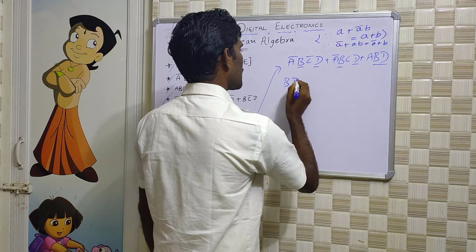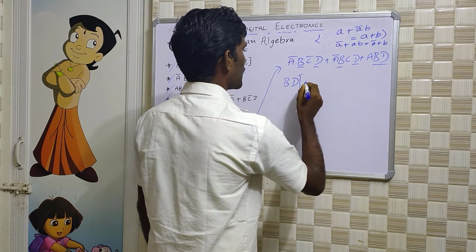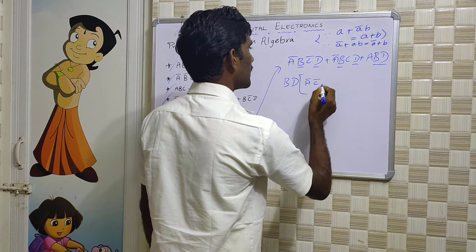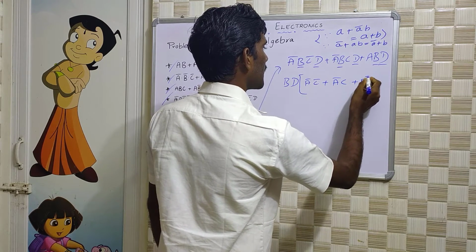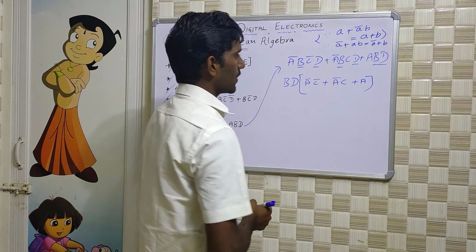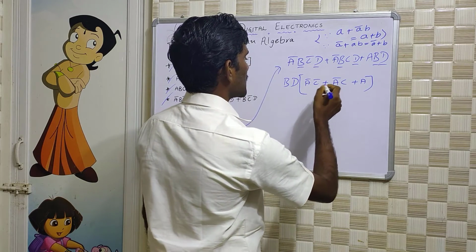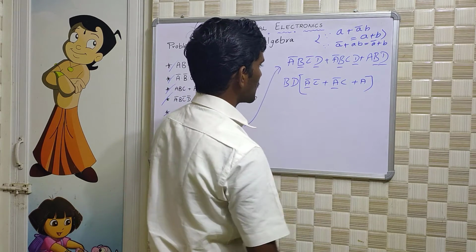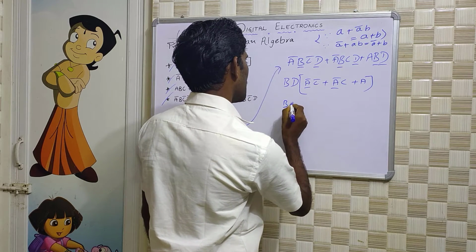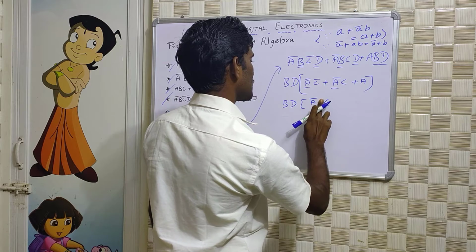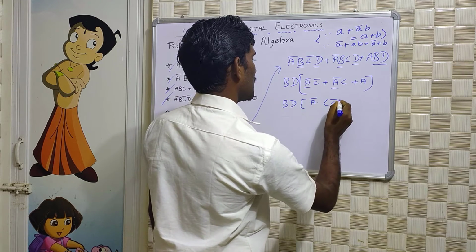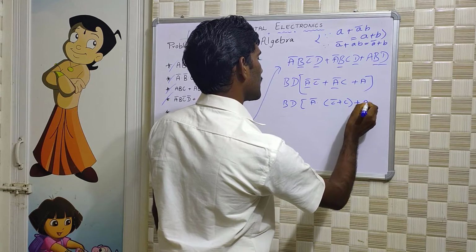So we take B D common. Then here A bar C bar plus A bar C plus A. From these two A bar is common. So B D into A bar, C bar plus C, plus A.